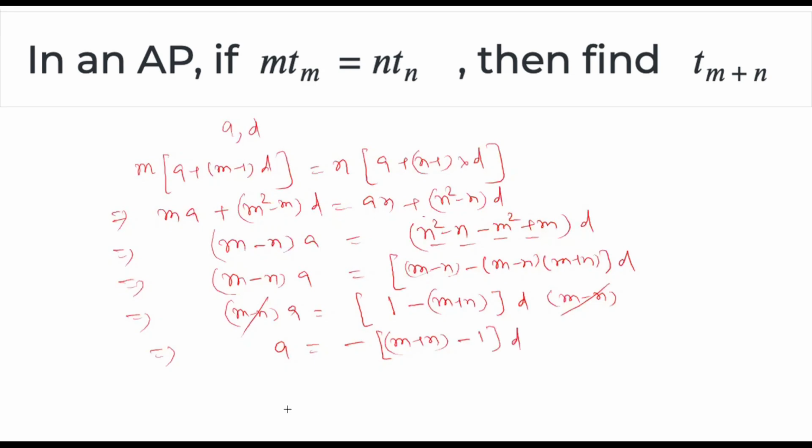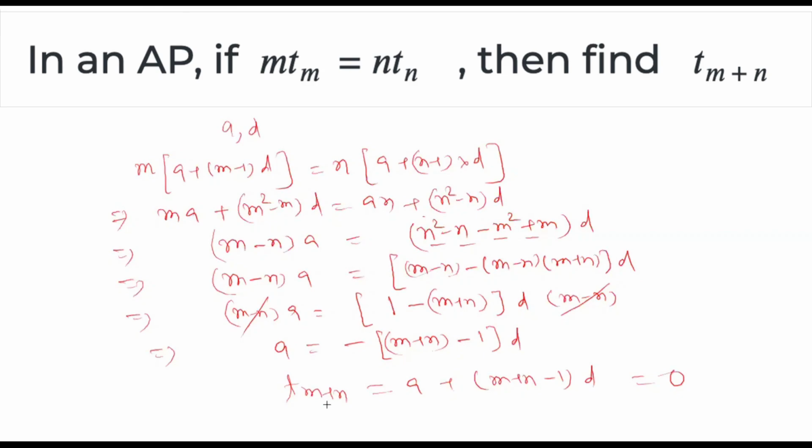So now this will become 0, because t of m plus n will be what? a plus m plus n minus 1 into d. And a is actually equal to minus of that, so this will be 0. I just took minus common from here. So this will become m plus n minus 1, right?